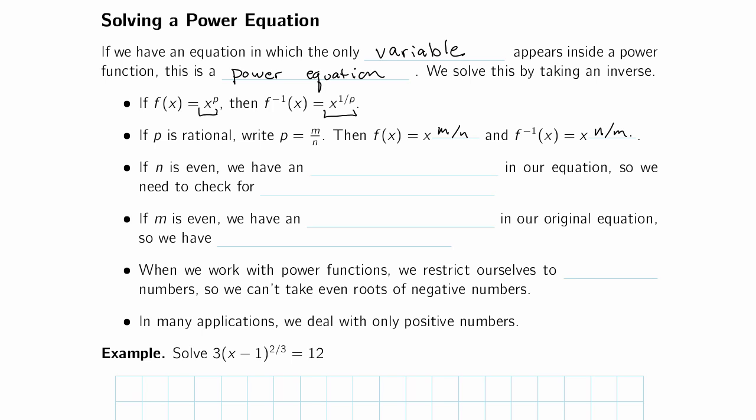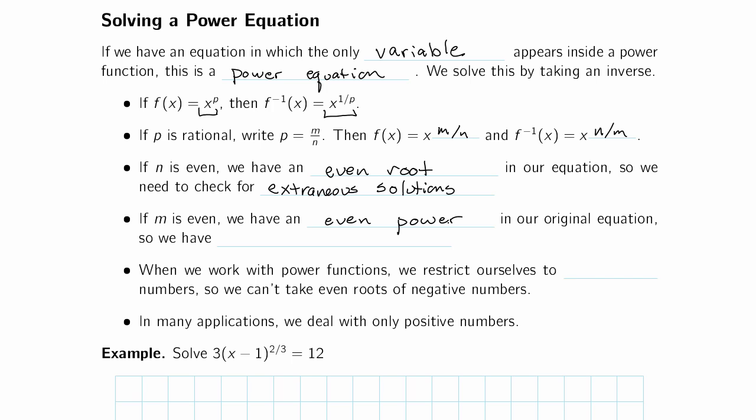With that in mind, if our number n is even, that means we have an even root in our original equation, which we've already seen means we need to check for extraneous solutions. If m is even, that means that we have an even power in our original equation.